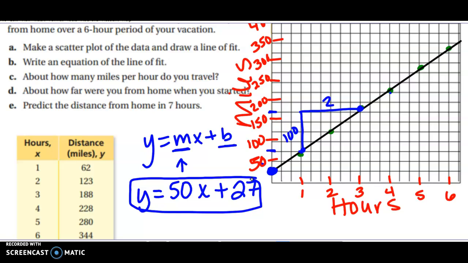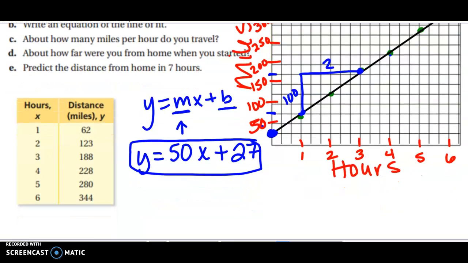Well, that's asking you pretty much the slope. So you're approximately, you could say 50, 55, anywhere between 50 and 60 I'd be okay with. About how far were you from home when you started?